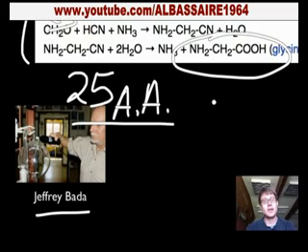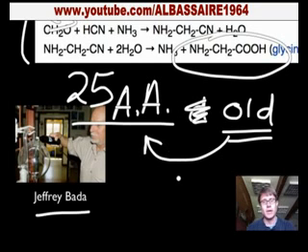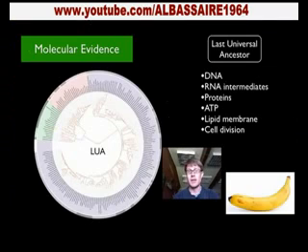And the other interesting thing is that those amino acids that were created are what are called old amino acids. In other words, if you look through the genetic code, when we look at the oldest, most ancient of genes, we find that those code for amino acids, and a lot of those older amino acids are found in this Miller-Urey experiment. So chemistry shows us how life could have formed.